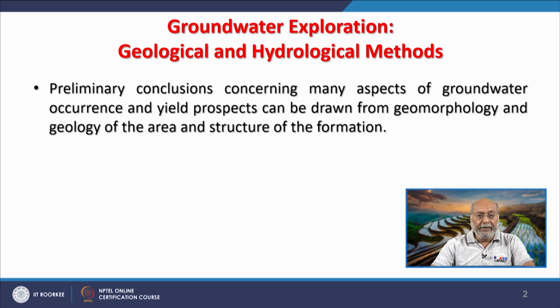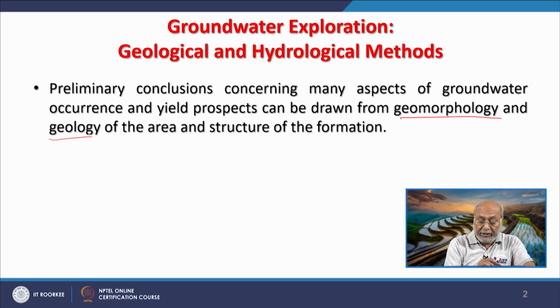Based on the preliminary conclusions we get, many aspects of groundwater occurrence and yield prospects can be drawn from the geomorphology and geology of the area, and the structural features present in the rocks, and overall in the area, or structural features of individual formations as well.